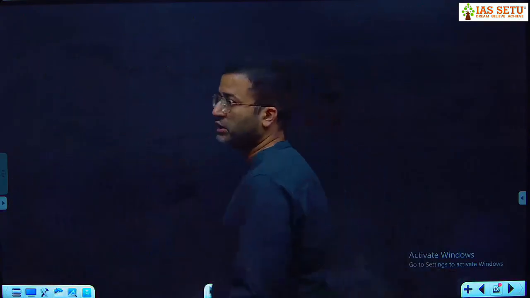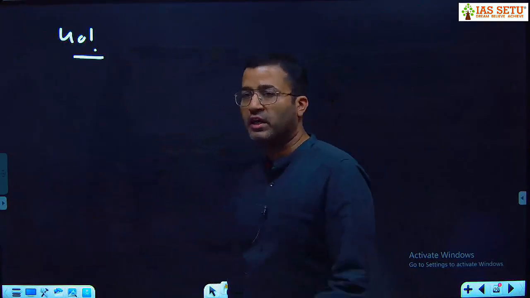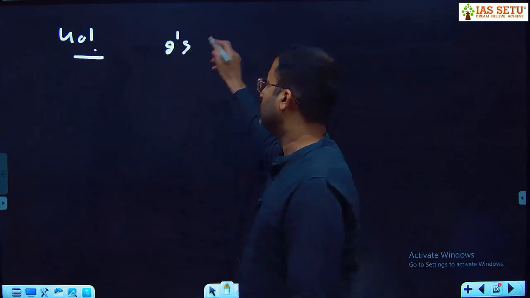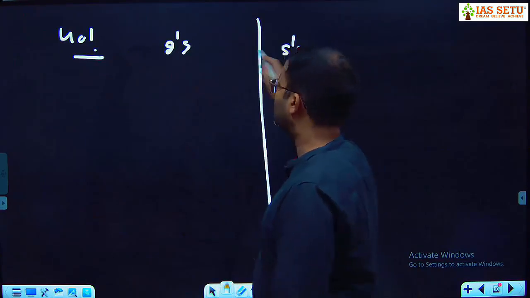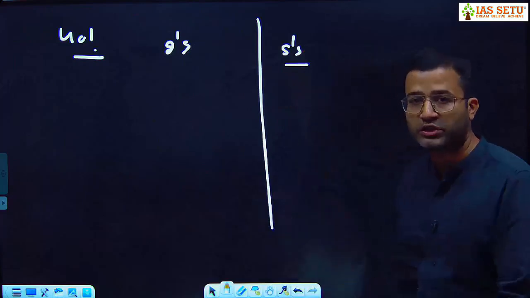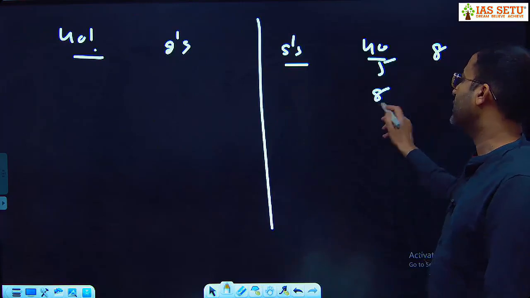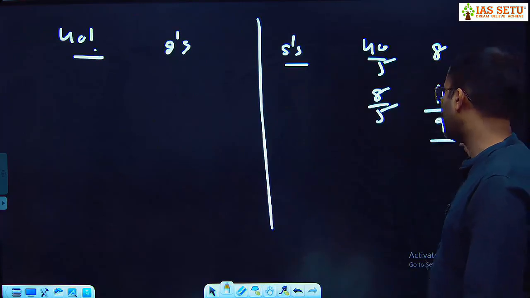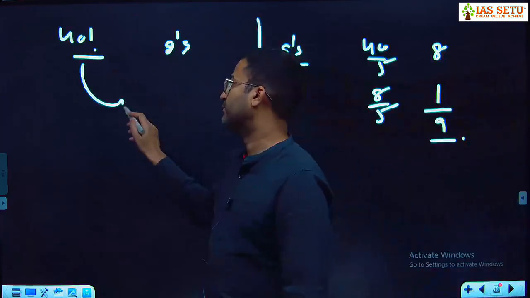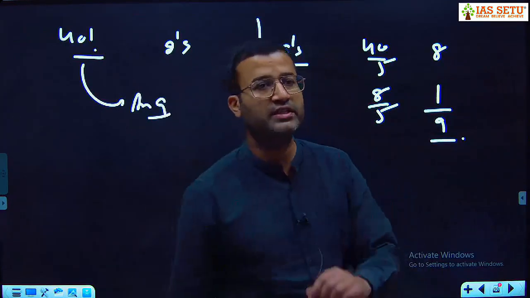Like if the question is 40 factorial, how many 0 will be there in the last? Number of 2s, number of 5s. But the concept is the number of 2s will be more, only the number of 5s is going to decide your answer. So 40 divided by 5, 8, 8 divided by 5, 1, 9. So your answer is 9. क्योंकि इसमें 2 भर भर के हैं, 40 में तो 20 तो वैसे ही दिख रहे हैं.